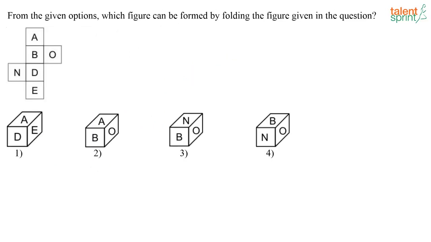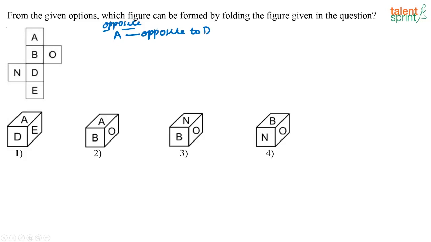Next one. From the given options, which figure can be formed by folding the figure in the given question? See, again, when you fold this, how will you get it? At times if you are getting confused, you can write it down like this also. When you actually fold this, I am just writing opposite sides: A is opposite to D, correct?